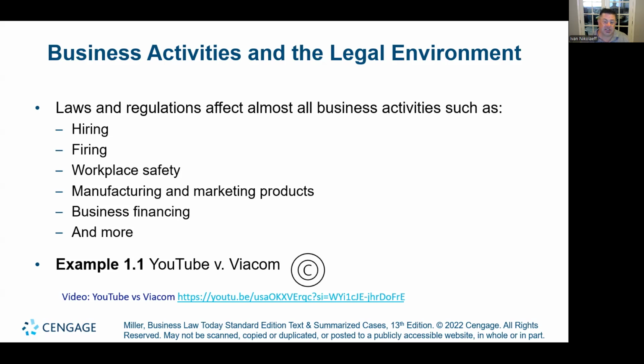Business financing is an area where we see quite a bit of it today, just because of the bad actors that have taken advantage of the accounting and finance systems within major corporations to create great wealth for themselves and their friends within the organization. We'll see many more examples as we go through the chapter in the book.